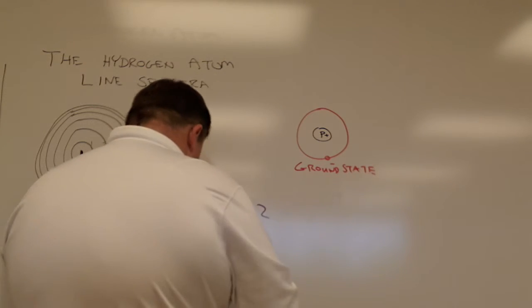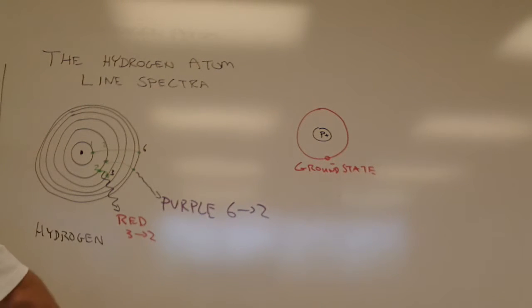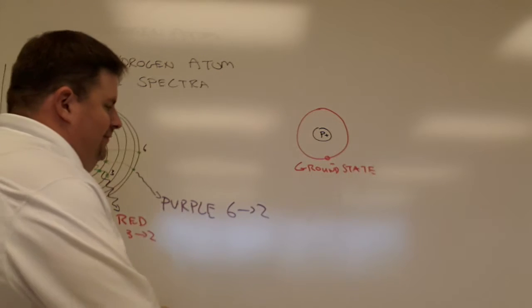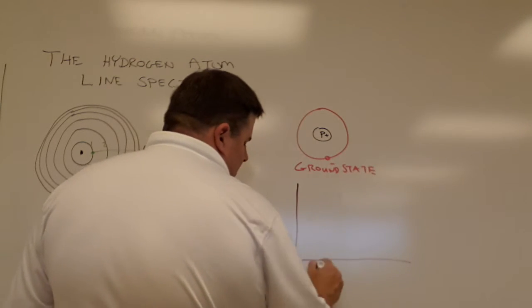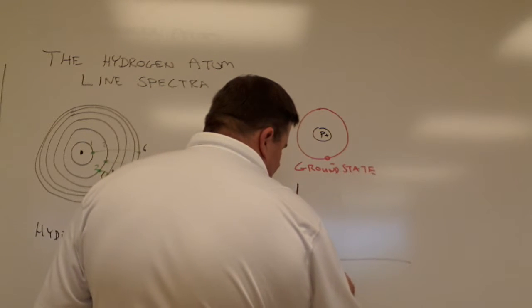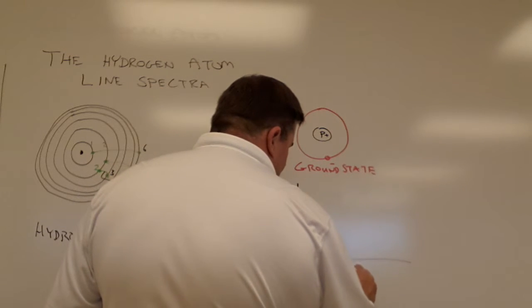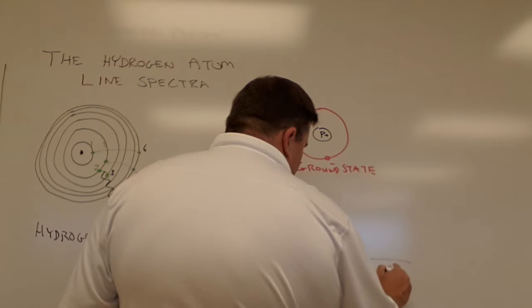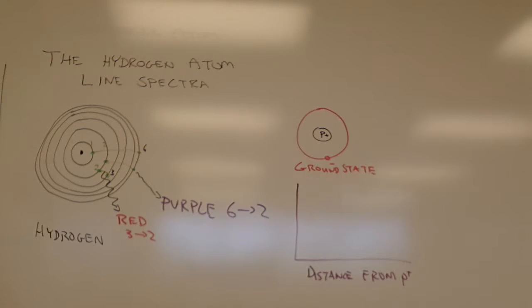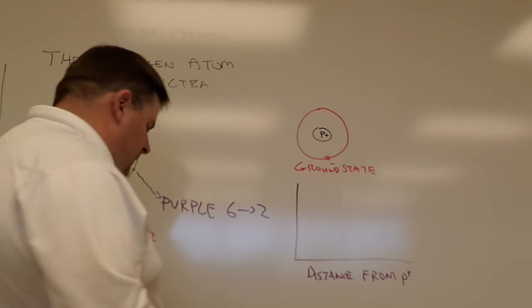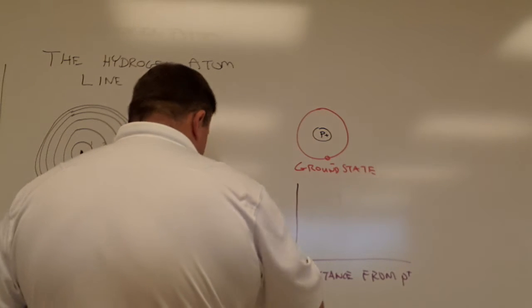And what I'm going to do is represent this using a graph, because scientists like graphs, right? So this is distance from our proton, and it's the distance of the electron from that proton. This over here is going to be energy.